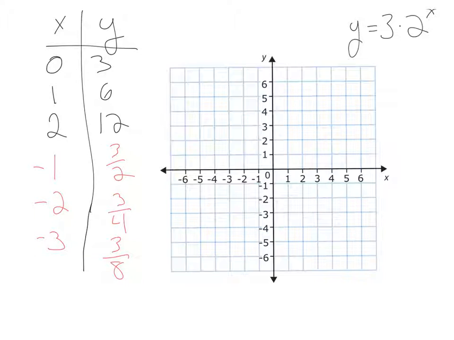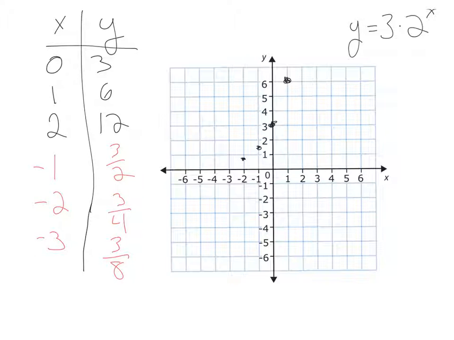Why don't we graph some of these values? 0, 3 is pretty easy. 1, 6 is good there. We're going to run out of room for 2, 12, but we can come over here and do negative 1 and 3/2. 3/2 is 1 1/2. So negative 1 and 1 1/2 would be right about there. Negative 2 is 3/4, so not even all the way up to 1, just more than half.